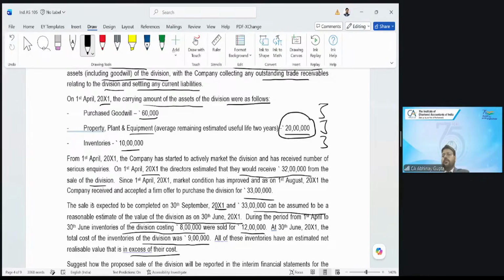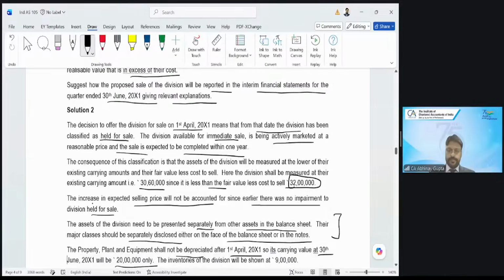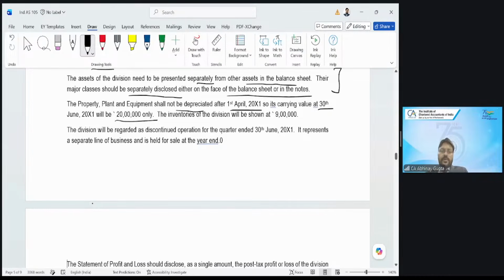And because there wouldn't be any depreciation or impairment anymore on these items, the carrying amount will continue to be 20 lakhs only for the PP&E in this case, right? The inventories will continue to show at 9 lakh because it is given in the question, and the division will be regarded as a discontinued operation for the quarter ended 30th June 2001. It represents a separate line of business and is held for sale at the year end.